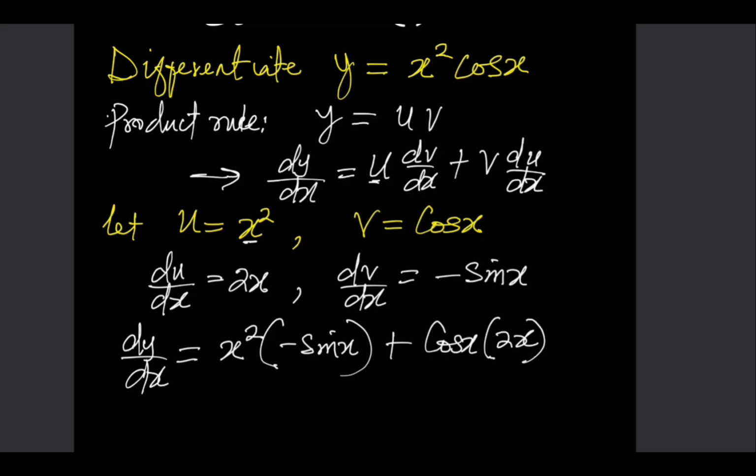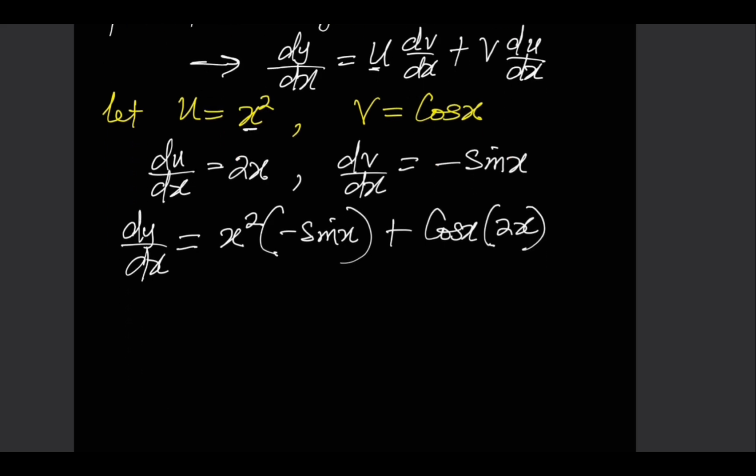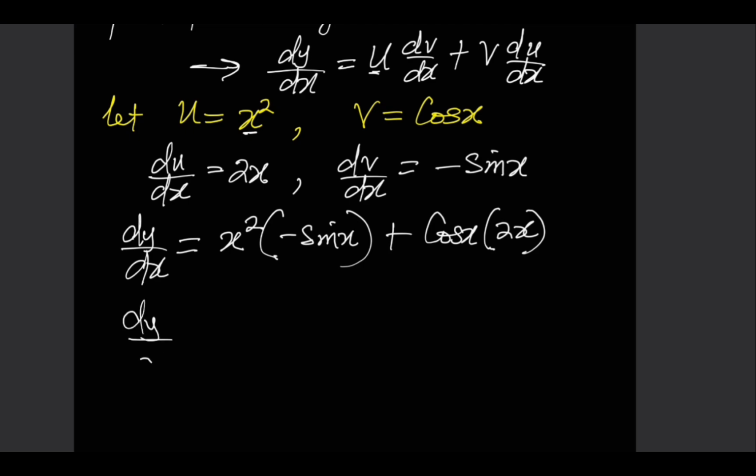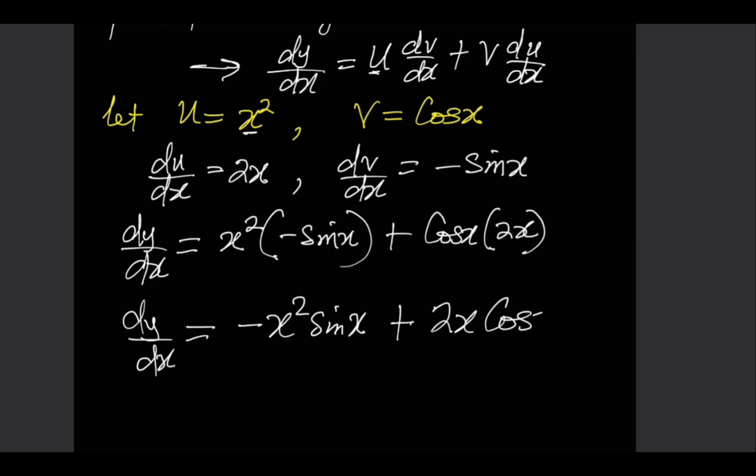Now let's simplify. We'll have dy over dx equals, if you multiply x squared by negative sine x, you have negative x squared sine x, plus if you multiply 2x by cosine x, you have 2x cosine x.